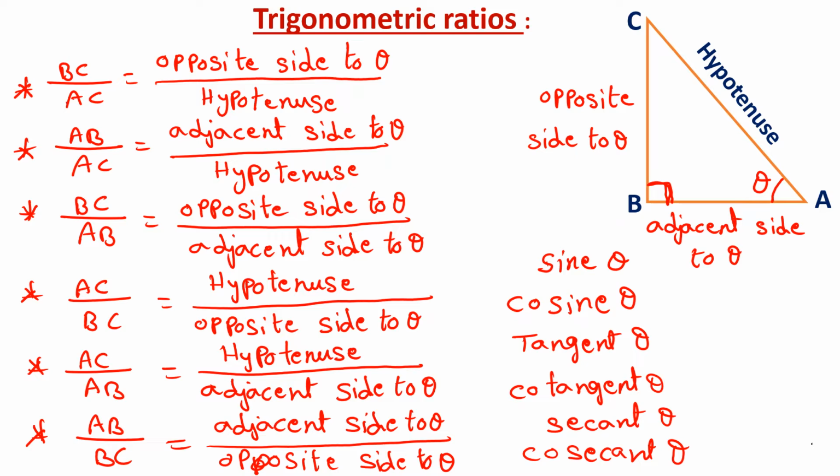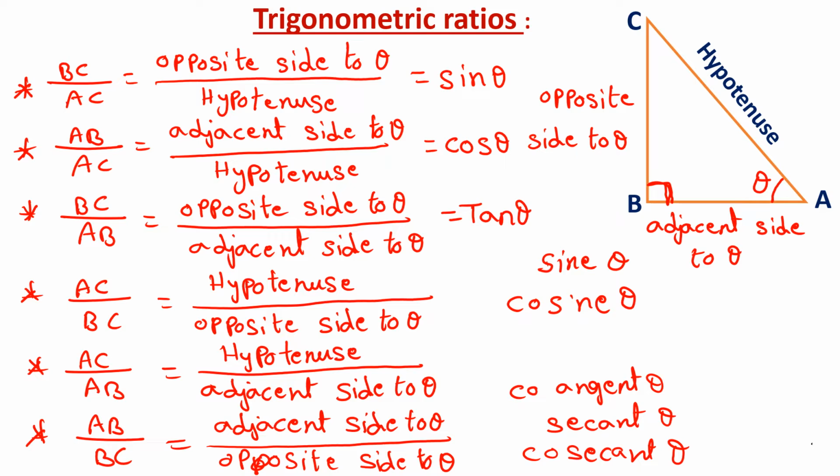This is the full form of sine, cosine and so on. Now we can write them in short form. BC by AC, opposite side to theta by hypotenuse, we write as sine theta. This is cosine theta, we write as cos theta. And tangent theta, we write as tan theta.